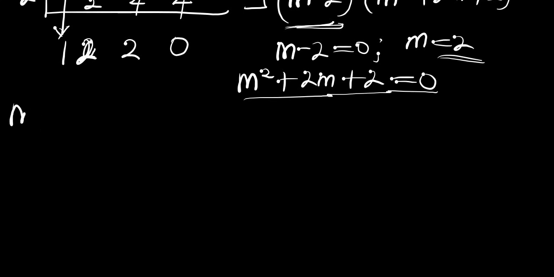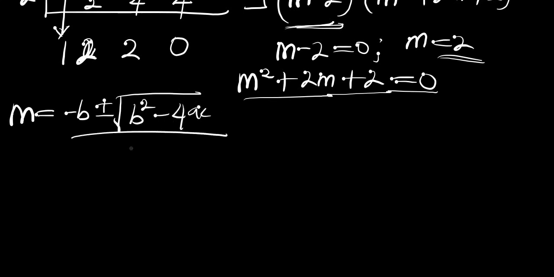Recall, m equals negative b plus or minus the root of b² minus 4ac, all divided by 2a. From this equation, a equals 1, which is the coefficient of m², b equals 2, and c equals 2.